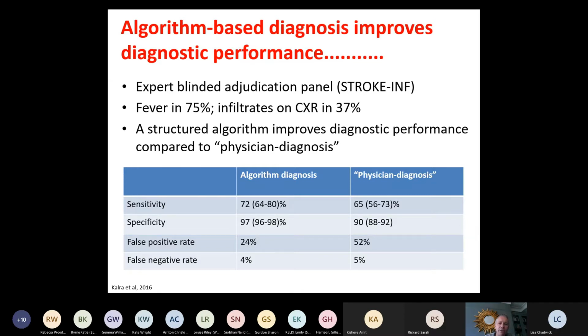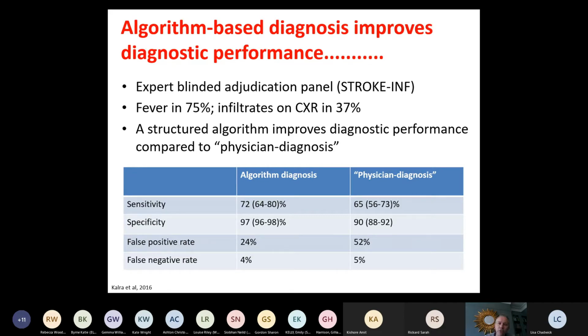In this study, from STROKE-INF, which was a large prophylactic antibiotic study, there was recording of clinician diagnosis of SAP, an adjudicated panel diagnosis of SAP, and an algorithm diagnosis of SAP.